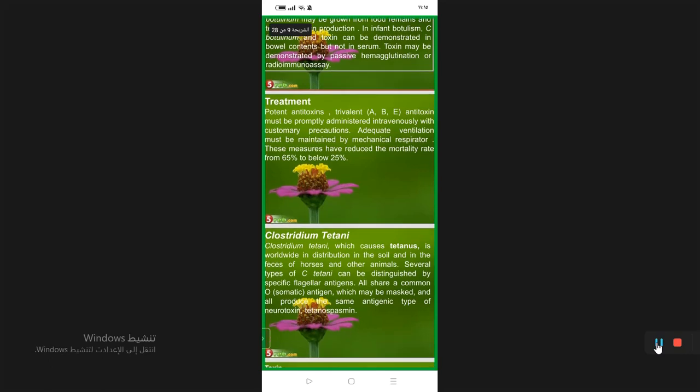All share a common somatic O antigen, which may be masked, and all produce the same antigenic type of neurotoxin, called tetanospasmin. So we can easily develop and make the tetanus toxoid or tetanus vaccine.